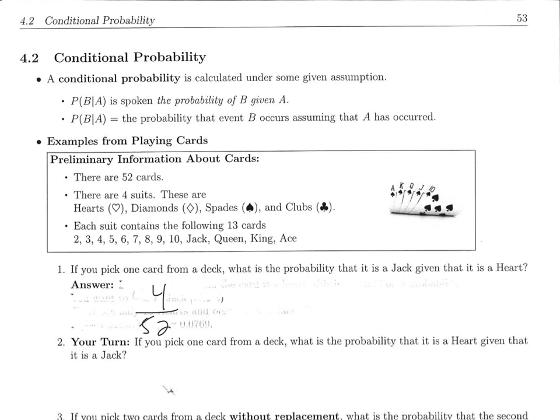That wouldn't be a conditional probability. What they are telling us is what's the probability the card will be a jack given that it's a heart. Well, there's 13 hearts, and there is only 1 jack out of the 13. Now, it just so happens that this probability and that probability are the same. However, that's a fluke. That will not always happen.